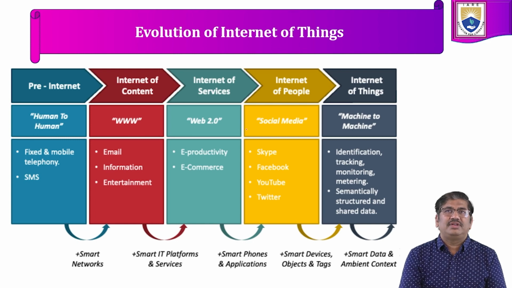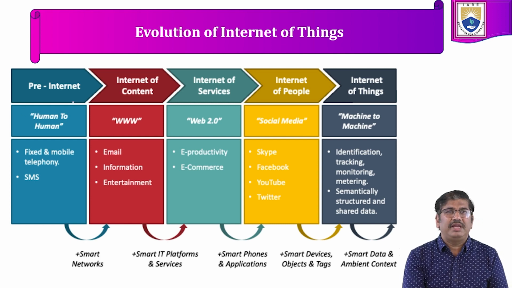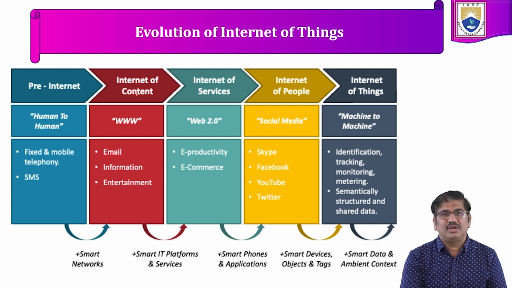Next, we will see the evolution of the Internet of Things. The pre-internet had human to human interaction: fixed and mobile telephony and SMS. Then smart networks were added for achieving the Internet of Content using the WWW, through email, information and entertainment.